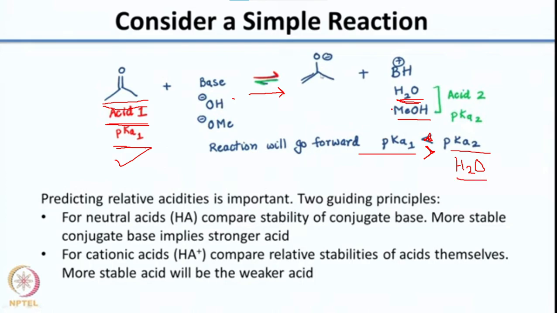Because of this conjugate acid stability, the reaction will always go in a forward direction. Ma'am has given this sign, so all of you do the correction over here. This is the more actual case: pKa1 will be more than pKa2. Here the value is 20 and here the value is around 15.